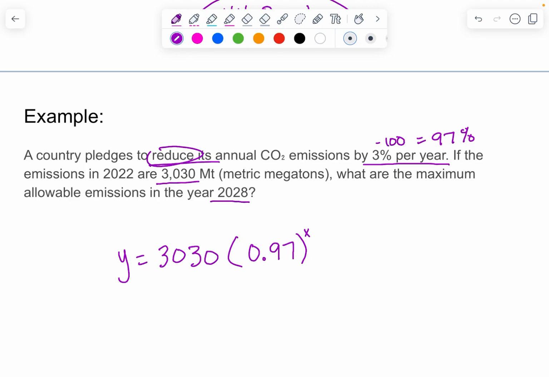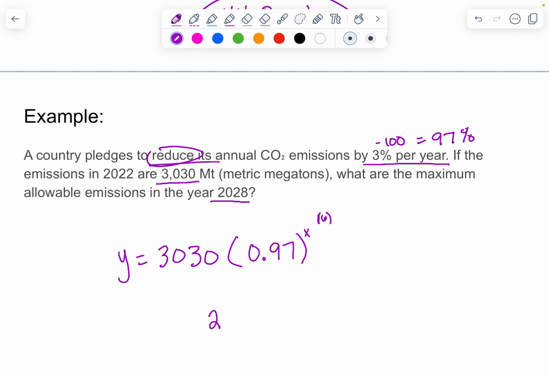There's our function. Now we need to figure out what it would be in 2028. Remember that the x represents time, so how much time passes from 22 to 28 would be 6 years. So I'm going to plug a 6 in for the x and calculate that. So 3030 times 0.97 to the 6th.